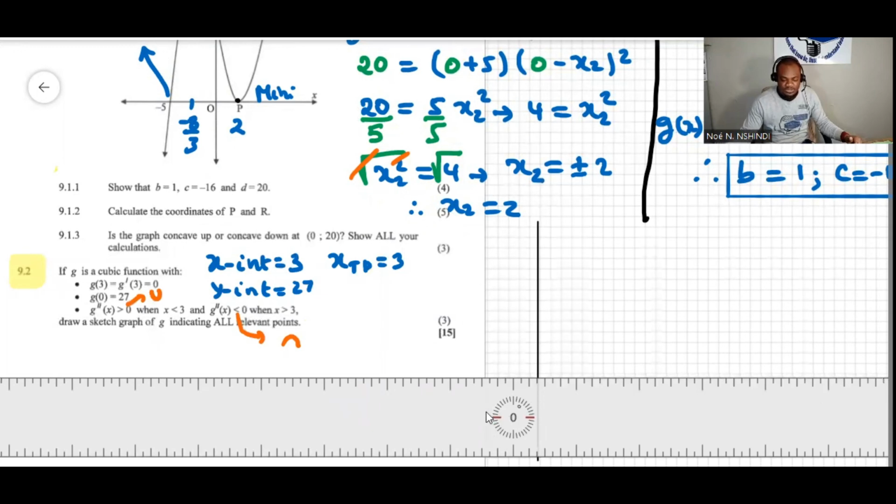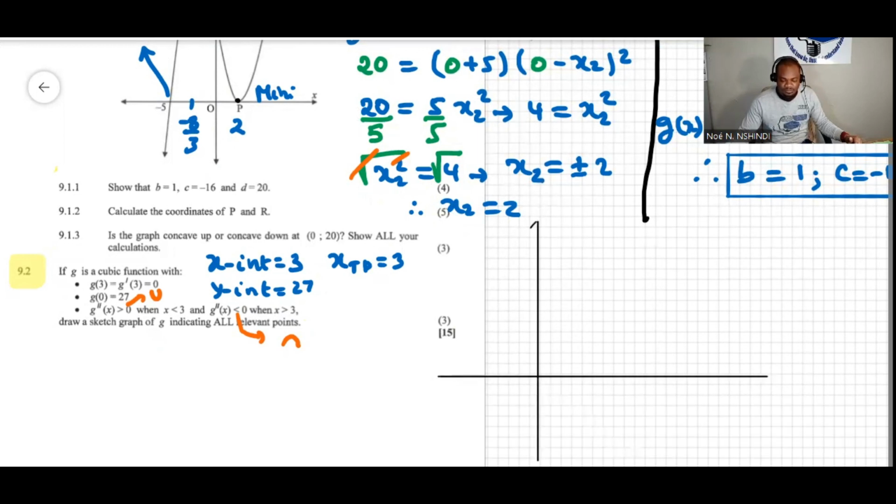The horizontal axis is this one. And then we have, let's say the point 3 is somewhere there. All right.